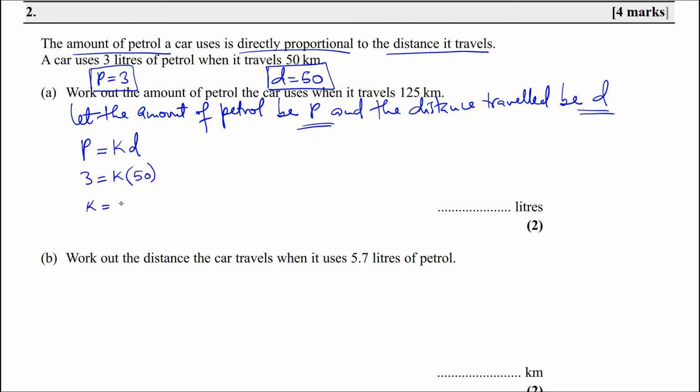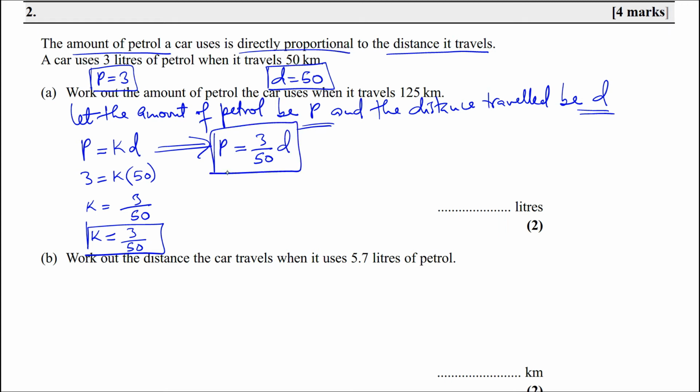Which means K will be 3 over 50. We can just leave it as 3 over 50. There's no point simplifying it. So basically, the resulting equation here will be P is equal to 3 over 50 D. So that will be the required equation.